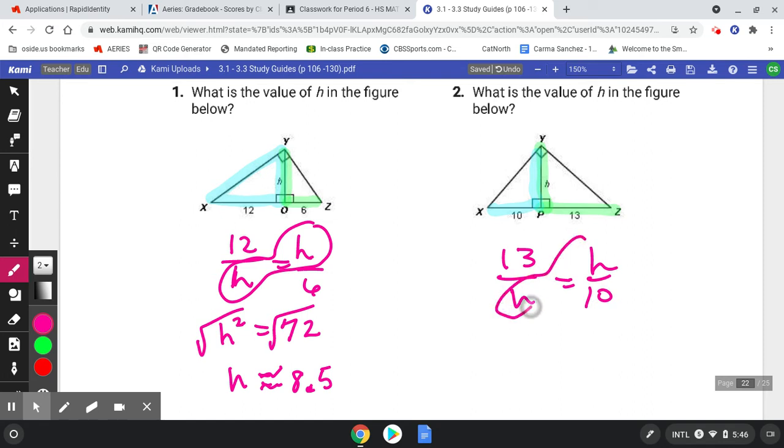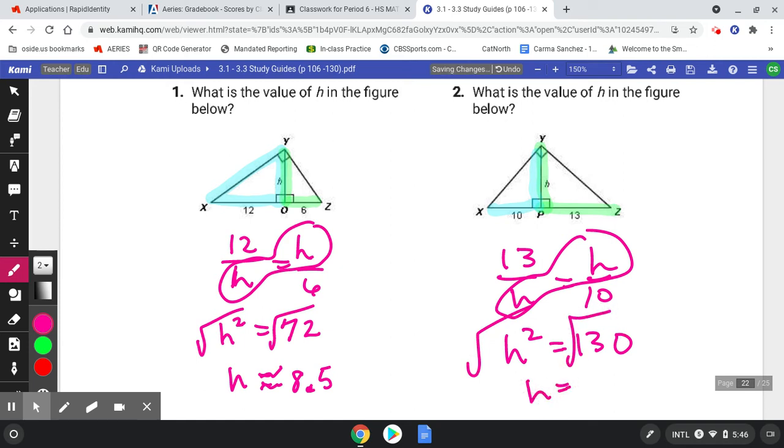And again, when I cross multiply, I'll notice that this is a quadratic. So when I square root both sides, I'm going to get that h is equal to, and if you do that on a calculator, we could approximate and say 11.4. Remember that whenever we're doing a distance or a height or a length, we're going to put u for units if it doesn't tell us the units.